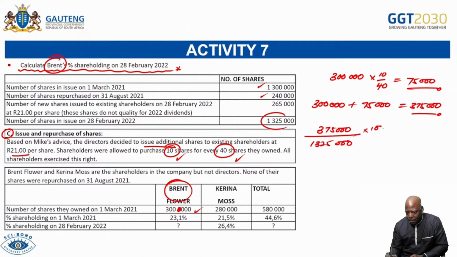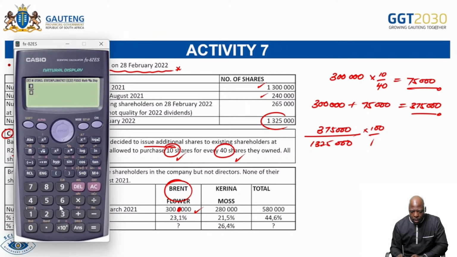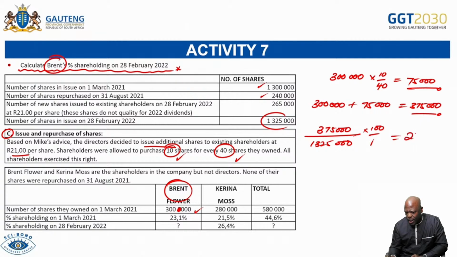We divide 375,000 by 1,325,000, and then we multiply by 100. That is going to give you 28.3%.